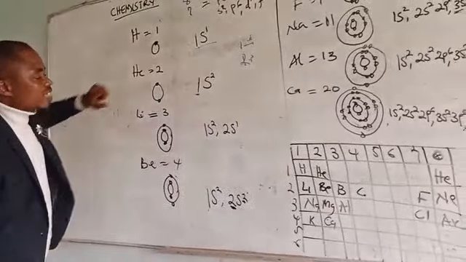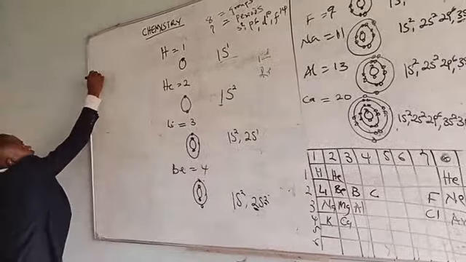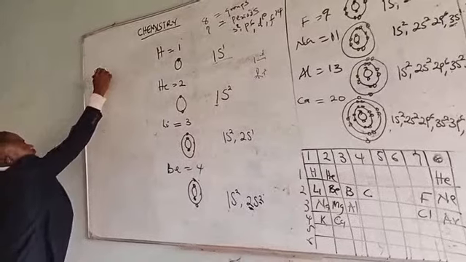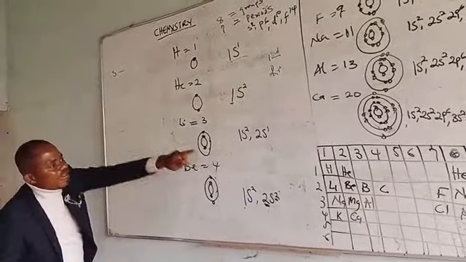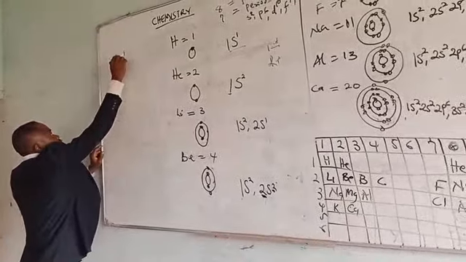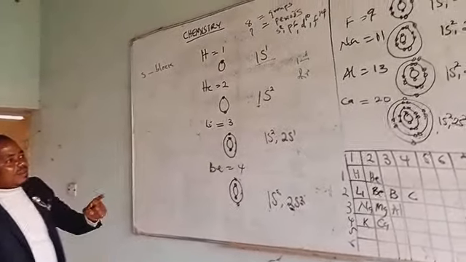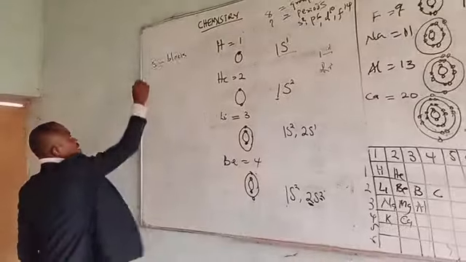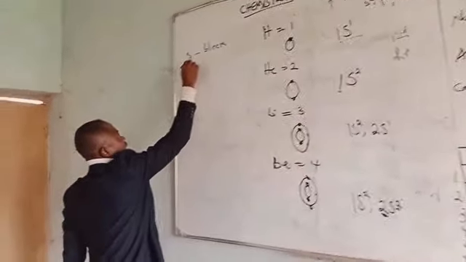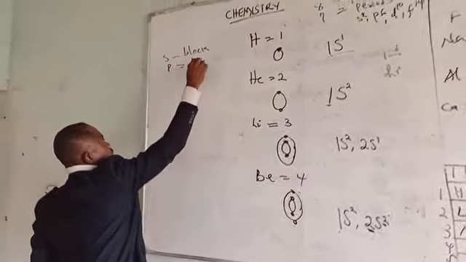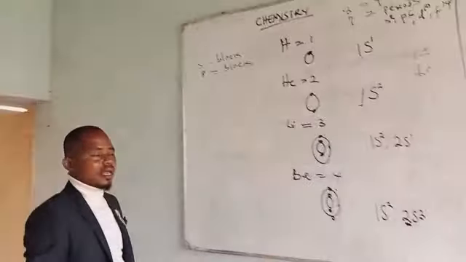Now, if you look at the configurations we have done so far, elements in group 1 and 2 have their valence electron in the s orbital, so we'll call them the s block elements. While elements from group 3 to 8 have their valence electrons in the p orbital, I'll call them the p block elements.